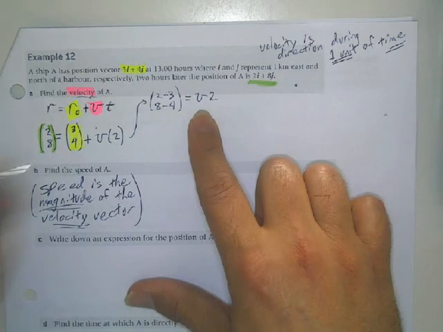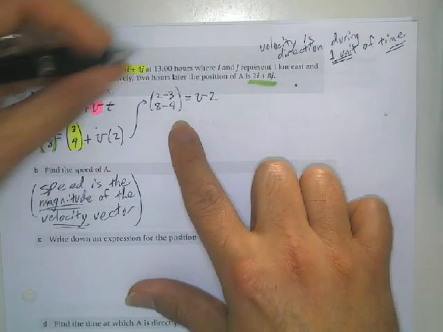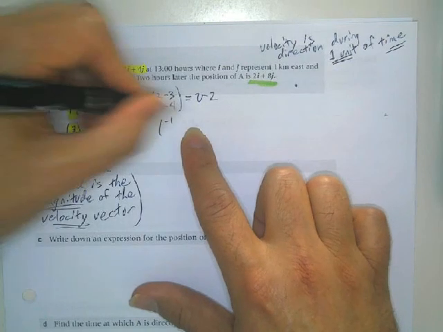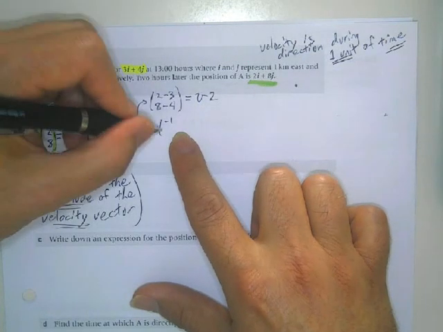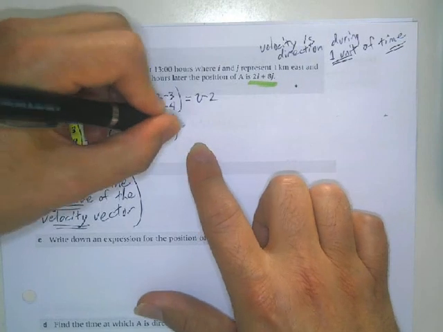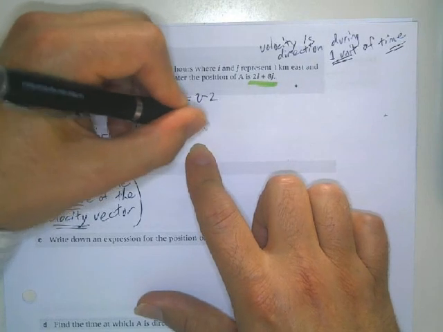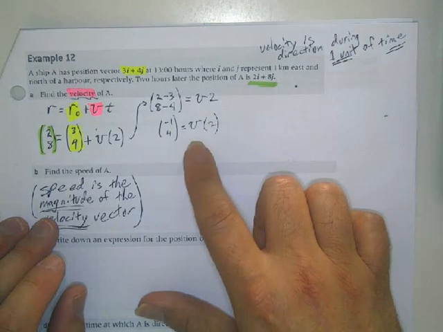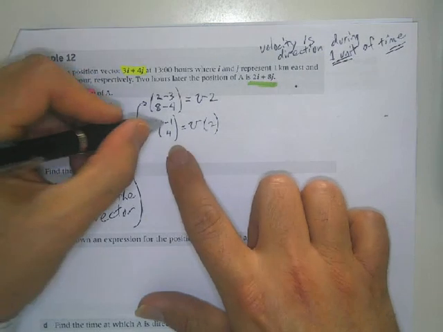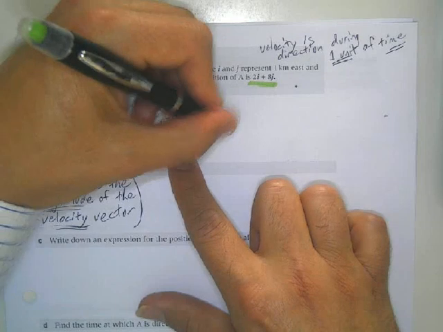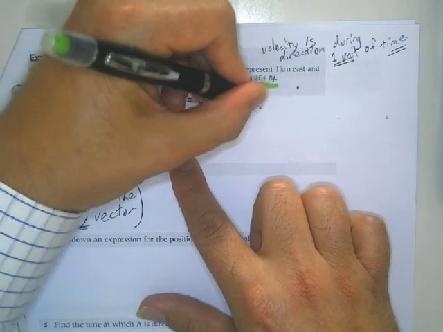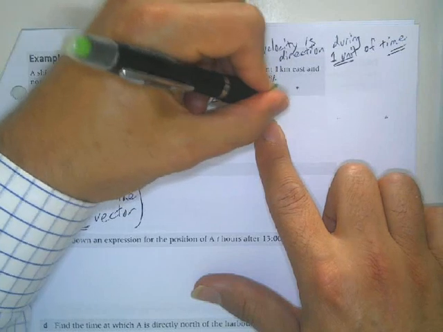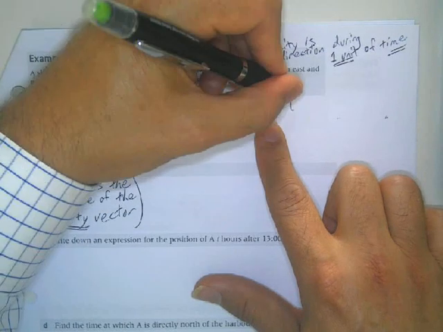So then my new resulting vector is going to be negative 1, 4 times 2. And then if I divide each component by 2, my velocity vector is 1/2 times negative 1 and 4.